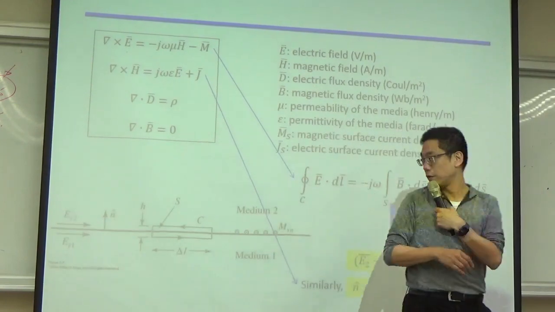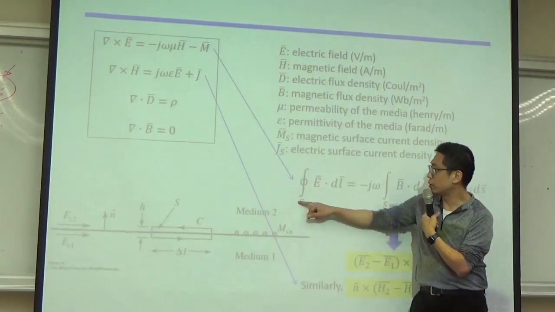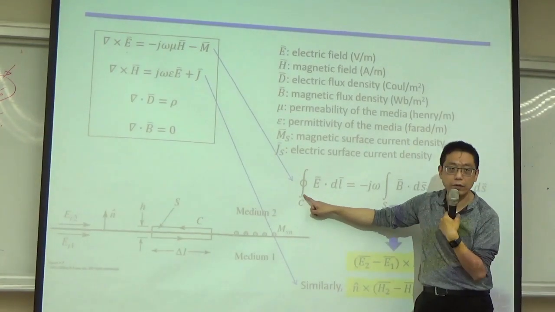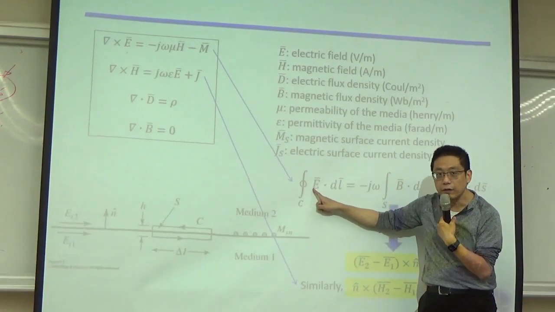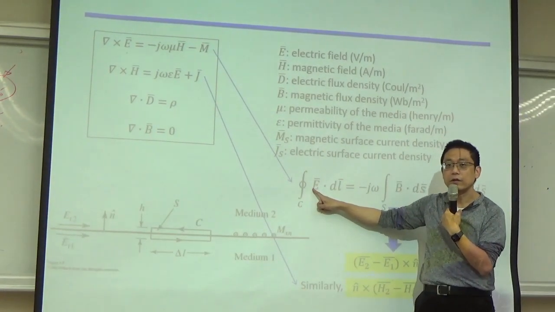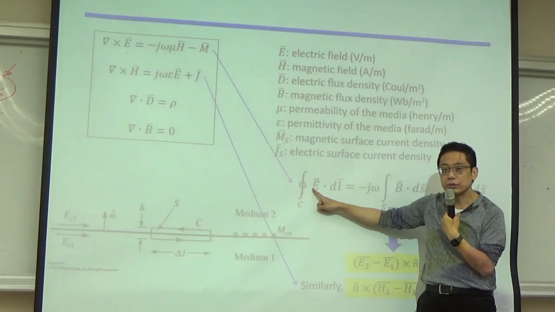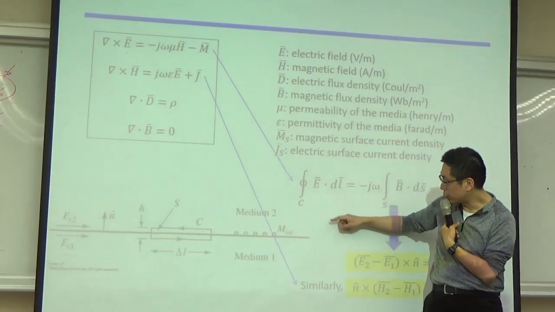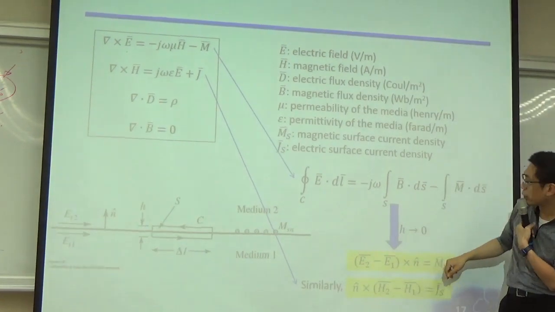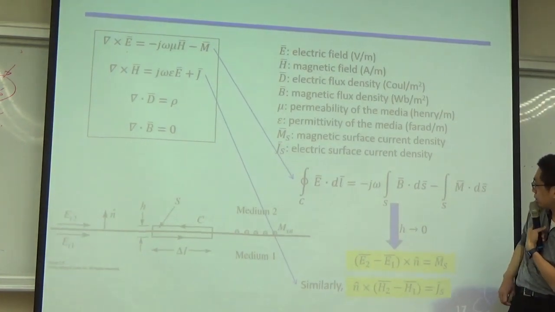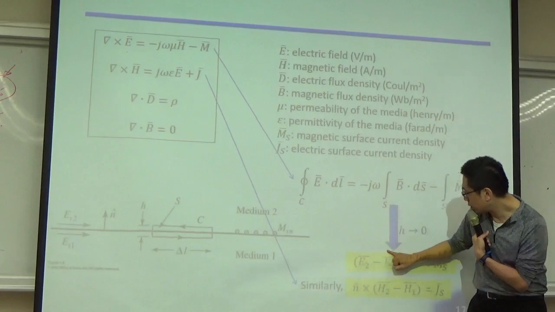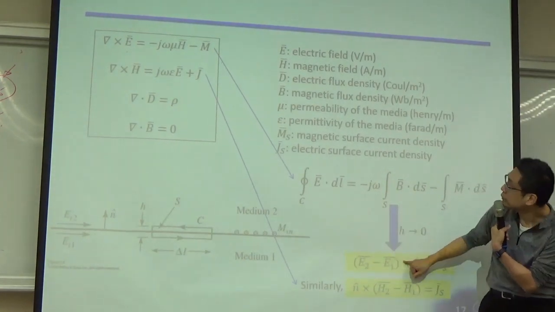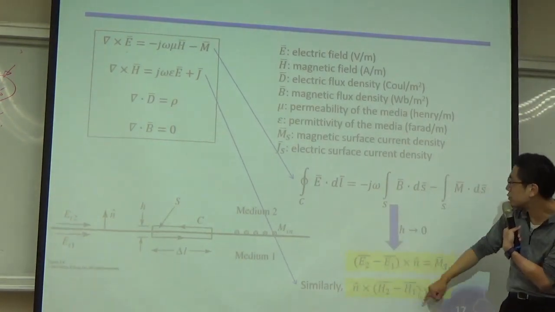Okay, so we apply this equation, we integrate the E field according to a closed loop, then you obtain the result will become this one, right?